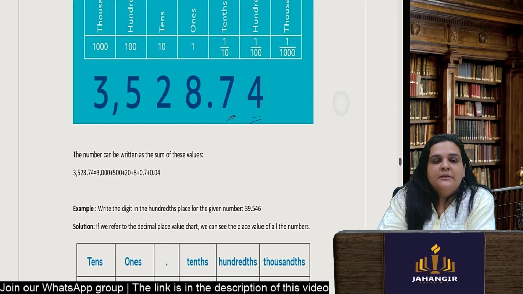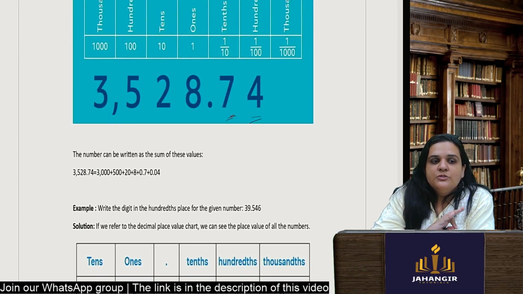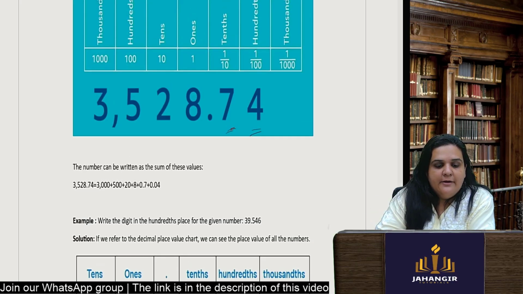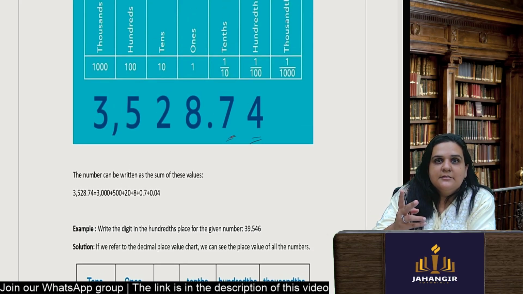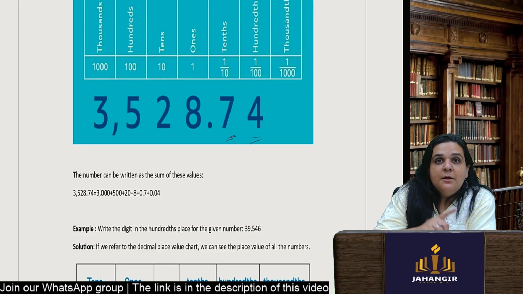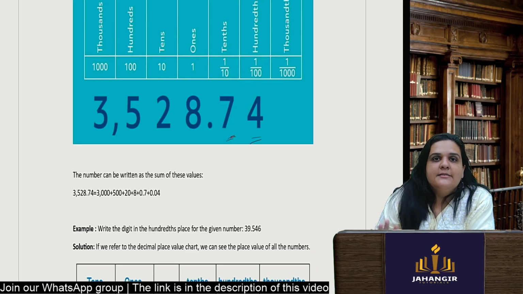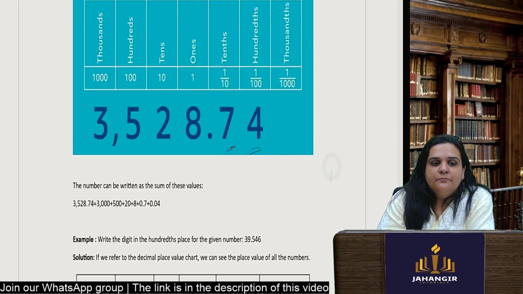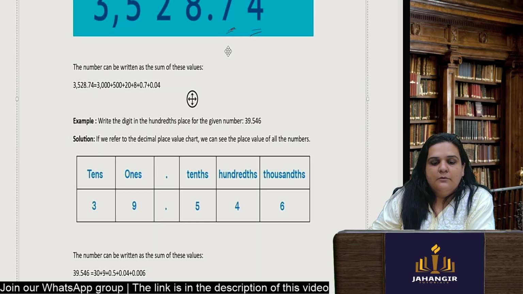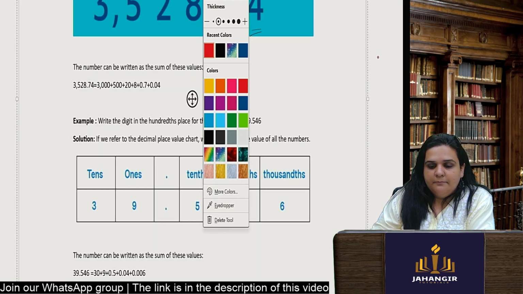Value is important. 3 is in the thousands, so 3000, plus 5 is in the hundreds, 500, 2 is in the tens, so 20, 8 is in the ones, plus 0.7. 7 upon 10 is nothing but 0.7, and 4 will be 0.04, the hundredths value. This can be a part of your important MCQ. This is important.